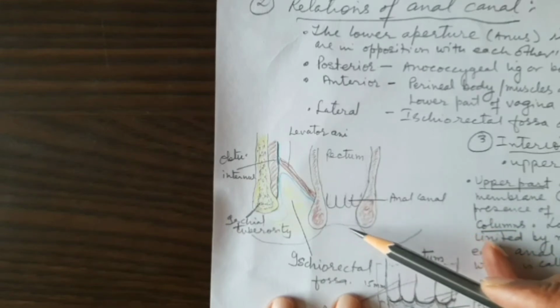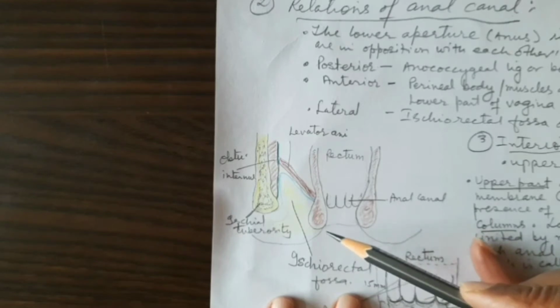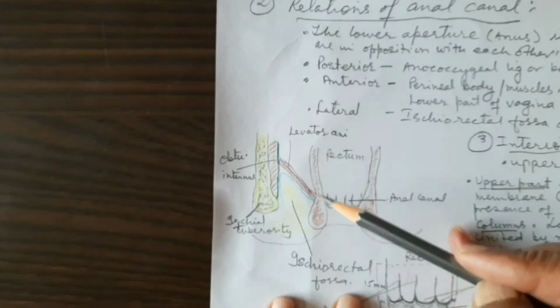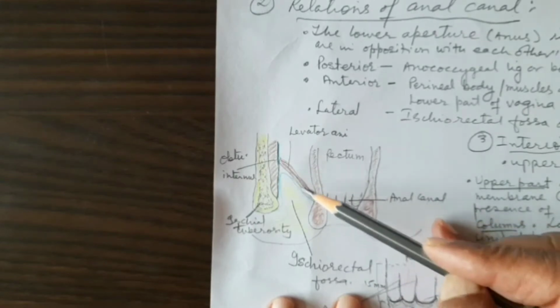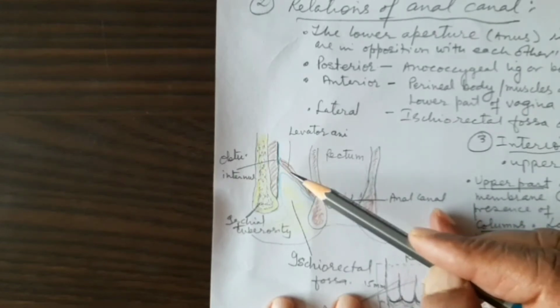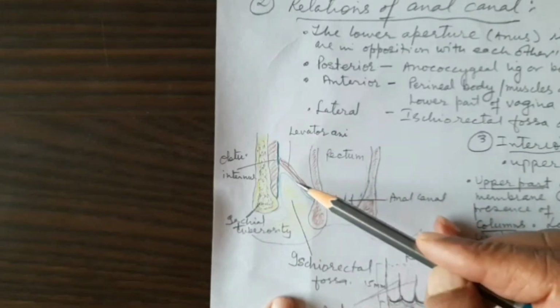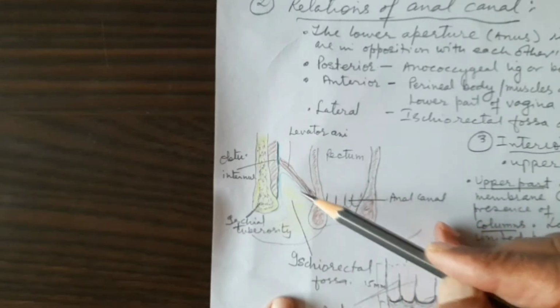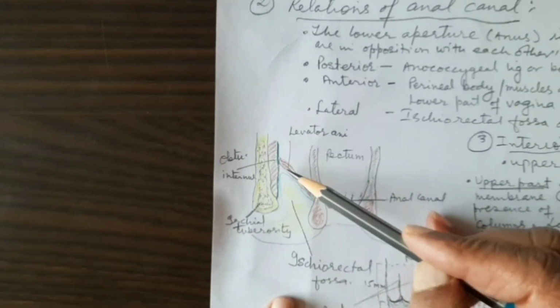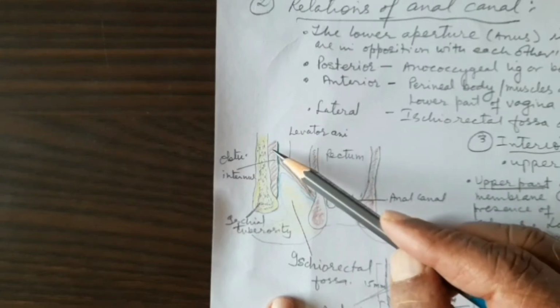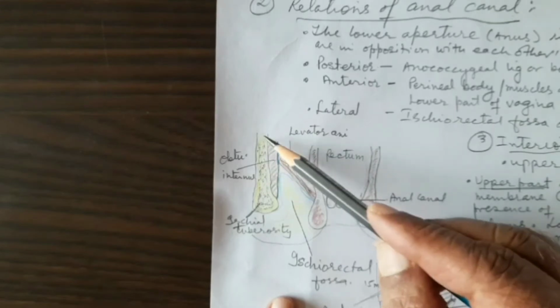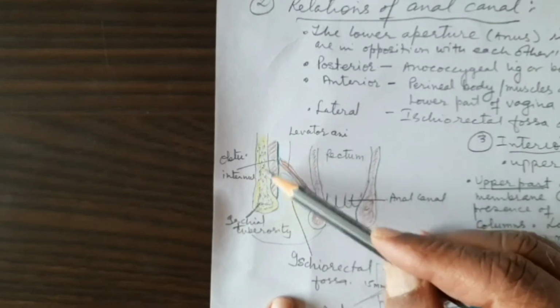This is the opening, and this part is called the anal orifice or opening. Then you can see here the rectum and anus, at the junction where the muscle comes. This muscle is called the levator ani, which forms the pelvic floor, and takes origin from the obturator fascia covering the obturator muscle onto the ischium.